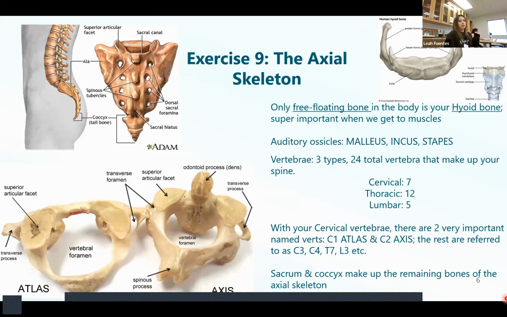So you have 24 vertebrae, and then your sacrum, and then your coccyx. The sacrum is 4 to 5 fused vertebrae. Coccyx is just kind of there. It gets broken a lot. And they usually curve to allow you to sit, like you can see here.